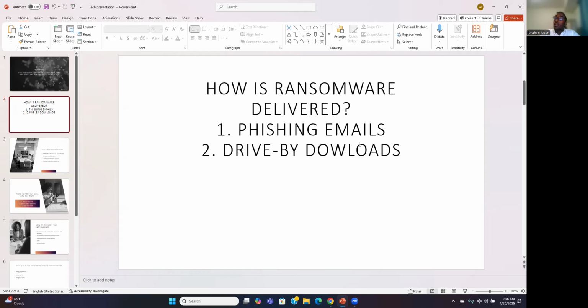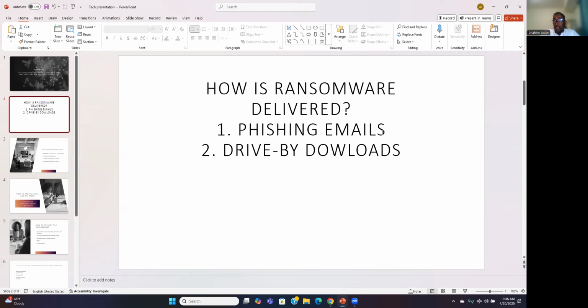So what they do is they entice you with attachments and links in their email, and that is the way they trick users into clicking the attachment by impersonating a legitimate person. So phishing email, that's what it means.